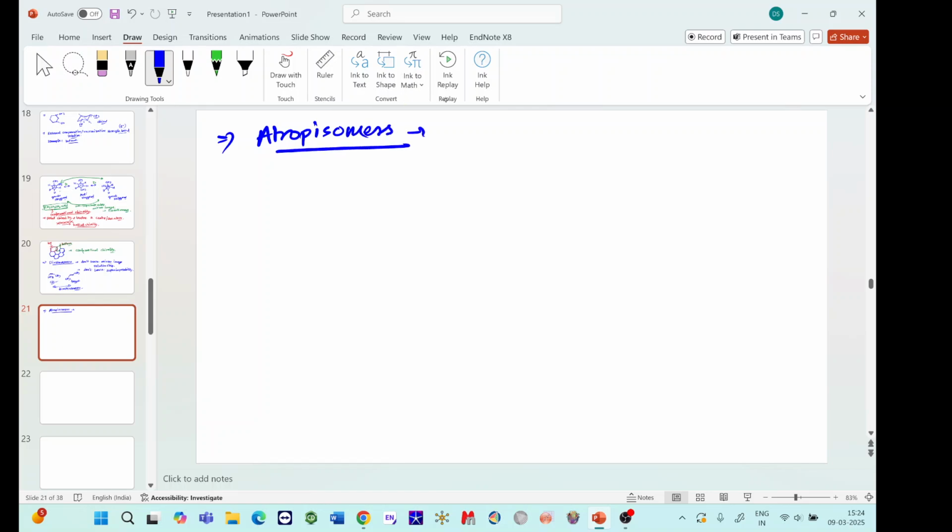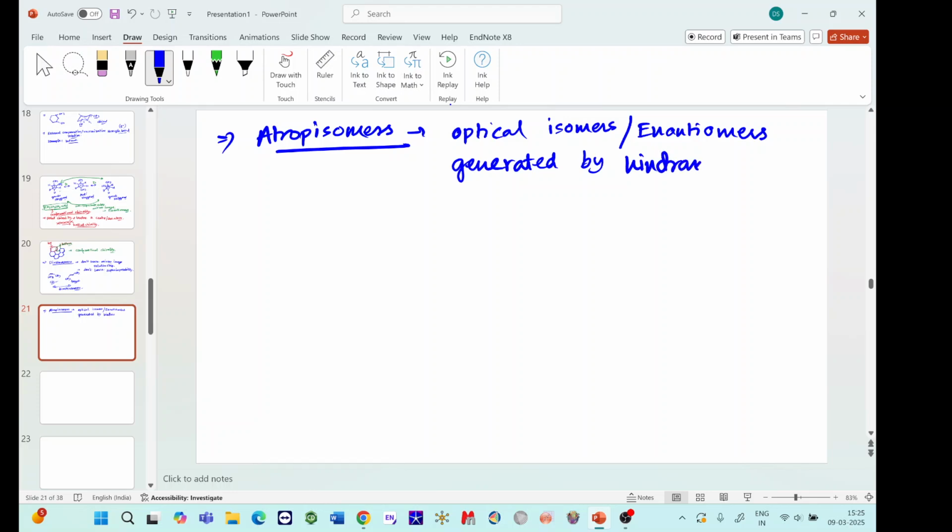So this is also the same like conformational isomer, okay, but optical isomers or enantiomers generated by hindrance of rotation, hindrance of bond rotation.